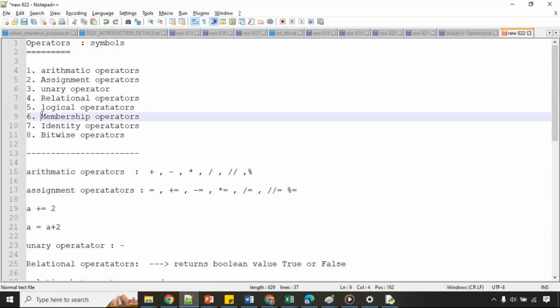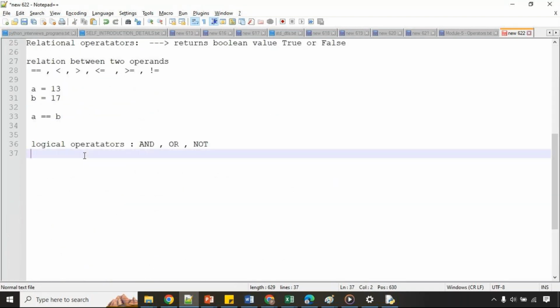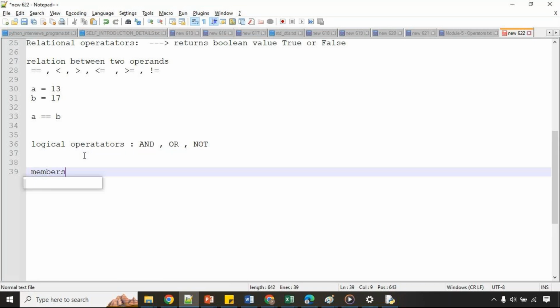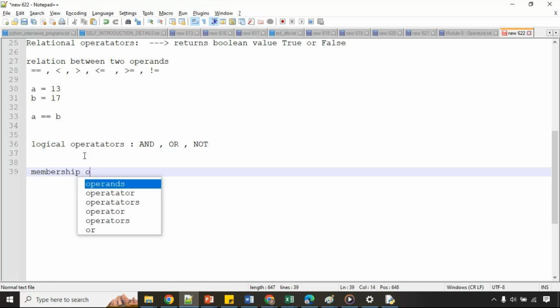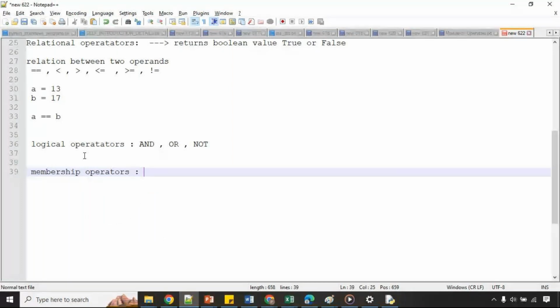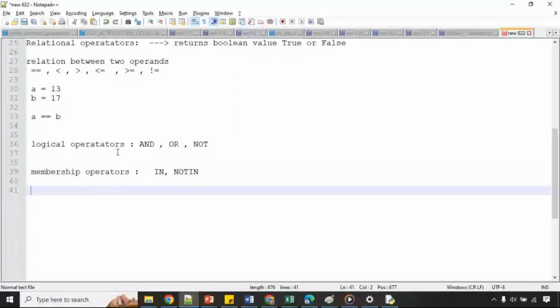One more thing: membership operators, in and not in. Guys, this is very, very important.